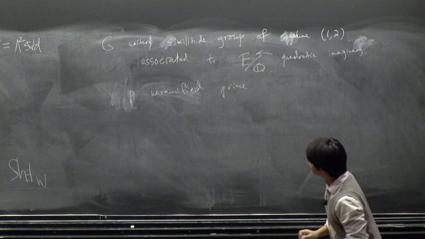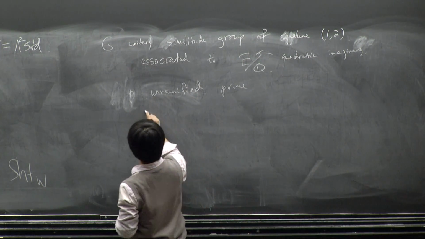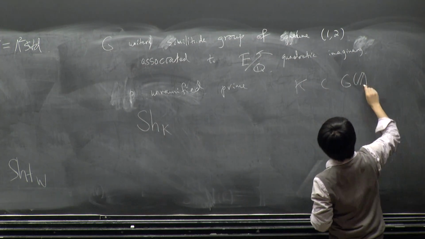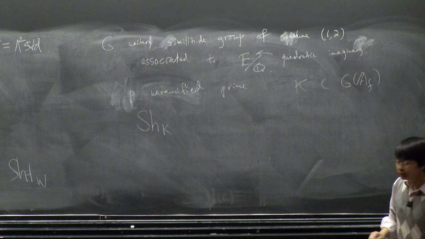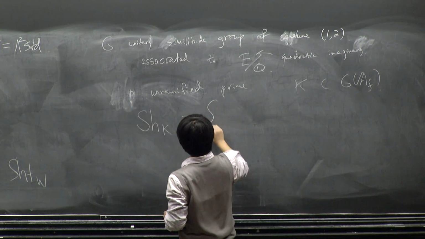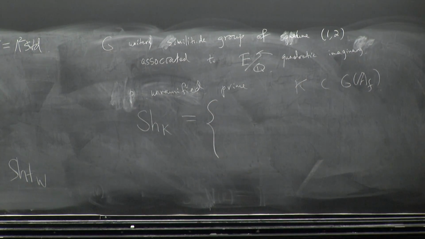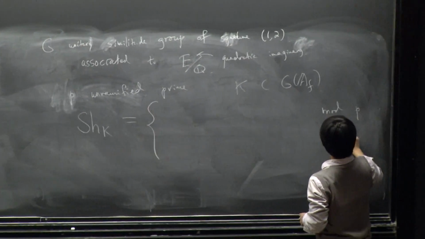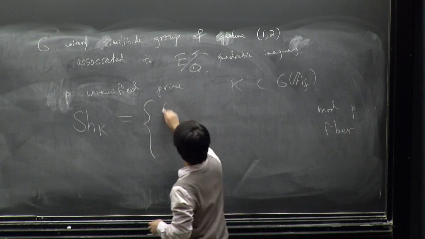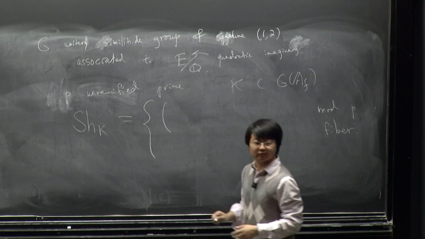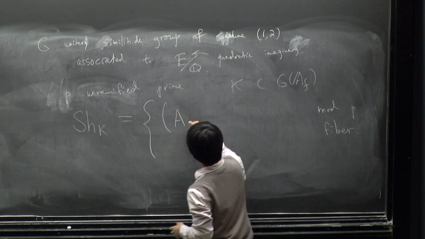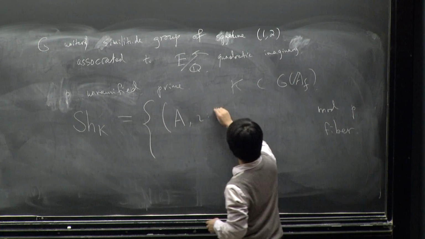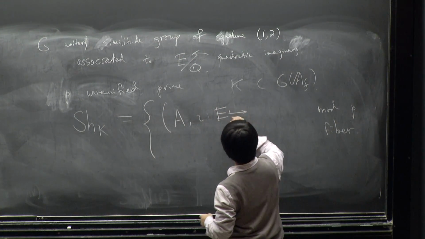Then I have the corresponding Shimura varieties. In this situation, I can just consider its mod p fiber of the corresponding Shimura variety. It is typically a PEL type Shimura variety, so it classifies abelian varieties with endomorphism, abelian threefolds with endomorphism by this quadratic imaginary field.